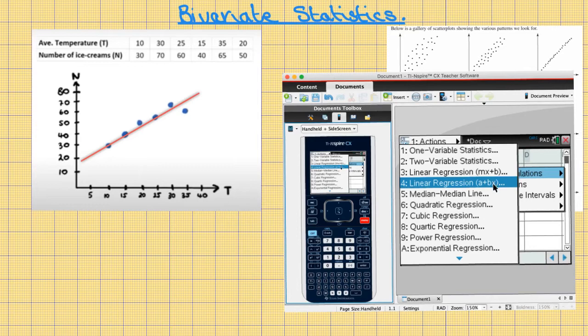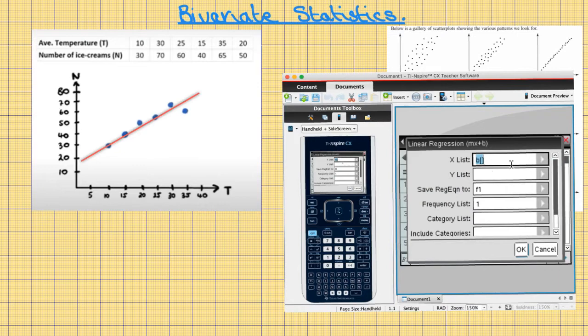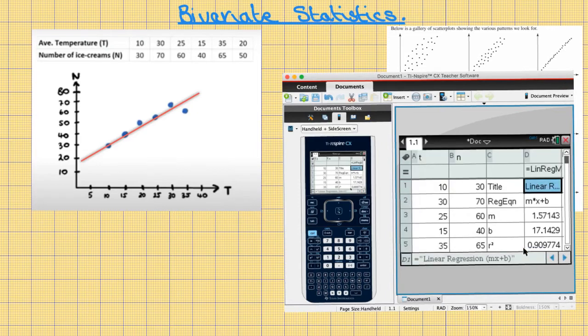There's two types of linear regression. We use mx plus b because that is the equation of our straight line. So we click on that, and we have our x and y list. Our x list is T, so we type in T. Our y list is N. We can leave everything else the same, so OK.